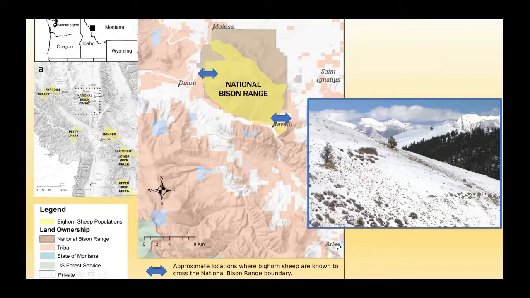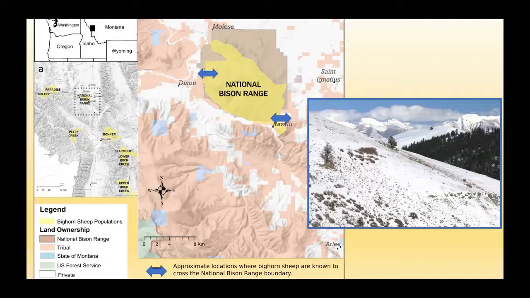The regional context is, by the way, this is Francis's slide. Thanks for letting me use it without asking. But this insert to the left shows the regional context. The Bison Range population is an isolate in the regional fabric.